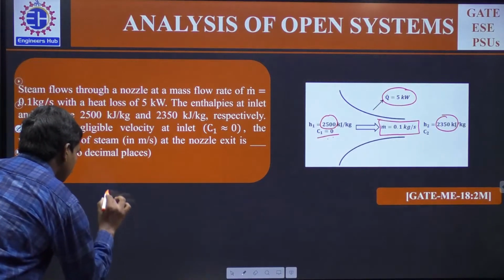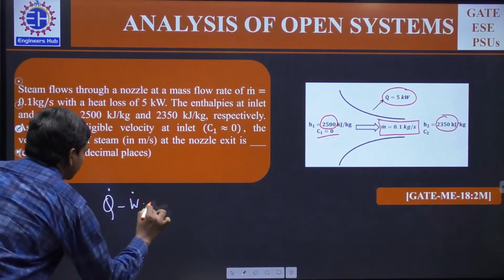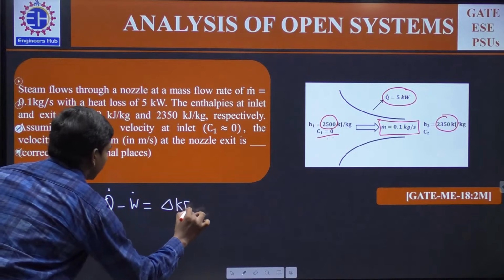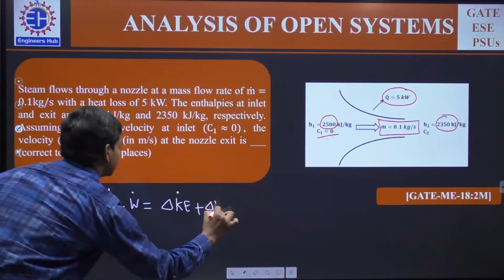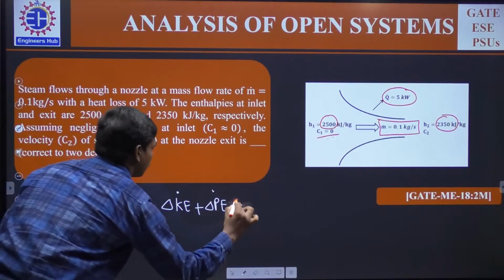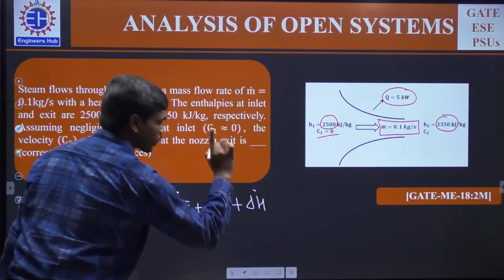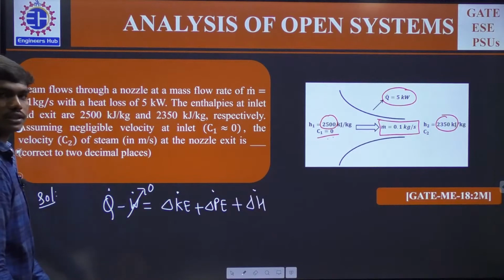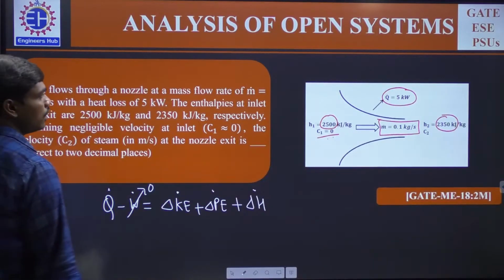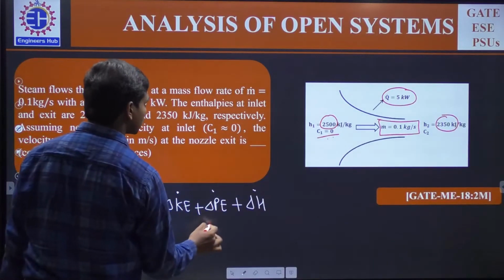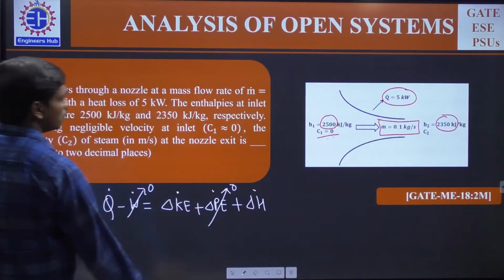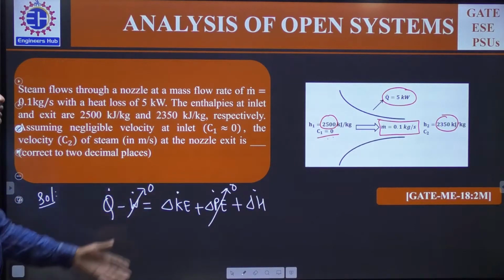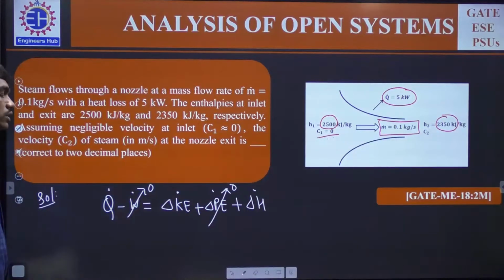So Q dot minus W dot is equal to delta K dot plus delta P dot plus delta H dot. W dot is 0 because a nozzle doesn't produce any work output. Data related to potential energies is not mentioned, so delta P dot is also 0.